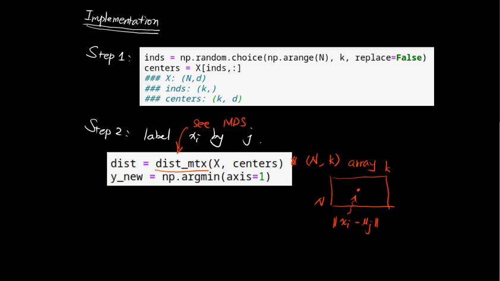So if you focus on a row, this row tells you, when I have xi, what is the distance between xi and mu0, mu1, mu2, up to mu k minus 1. So this row records the distance from xi to each center.